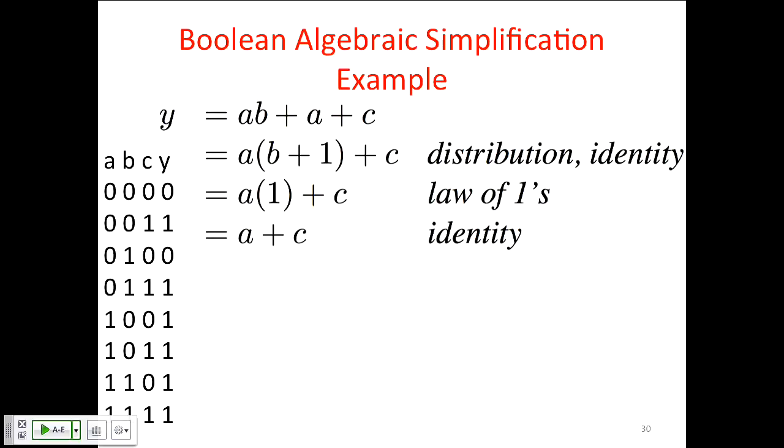Notice I could have written this as y equals not a, not b, and c, or not a, b, and c, or a, and not b, not c. I can go through to the sum of products form, but the sum of products form might have many entries, which should all be simplified down to just a or c, in the end.